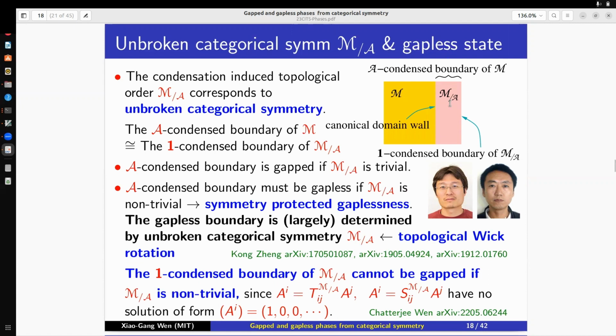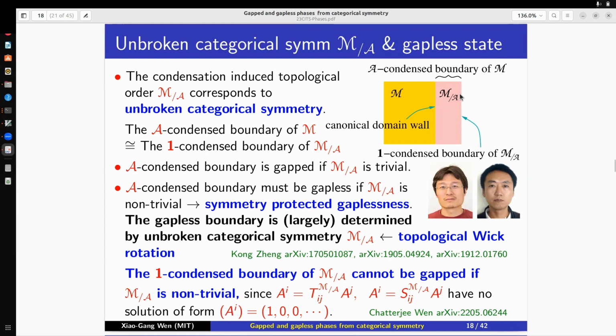So this is a way to understand symmetry-protected gaplessness. If a categorical symmetry is non-trivial, then this no-condensation boundary, if no symmetry breaking, always gives you a gapless boundary. So one way to understand the A-condensed boundary is to compute the topological order induced by A condensation, and study the no-condensation boundary of this M/A topological order.